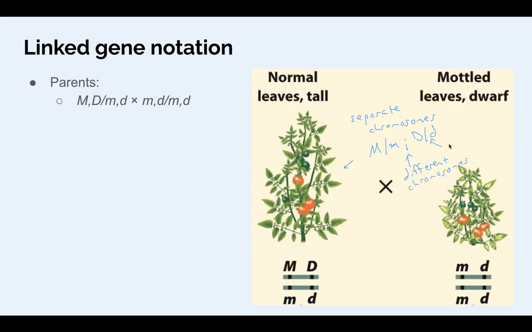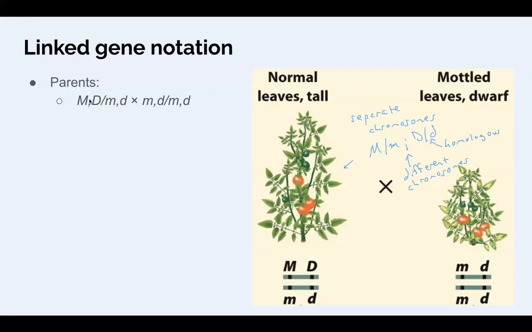And this slash was the split between two homologous chromosomes. So alleles for the D gene would be present on those two homologous chromosomes. Alleles for the M gene would be present on two homologous chromosomes. And this new notation tells us that M and D are located on the same chromosome. So now we have this M comma D, which is not the same as the semicolon.